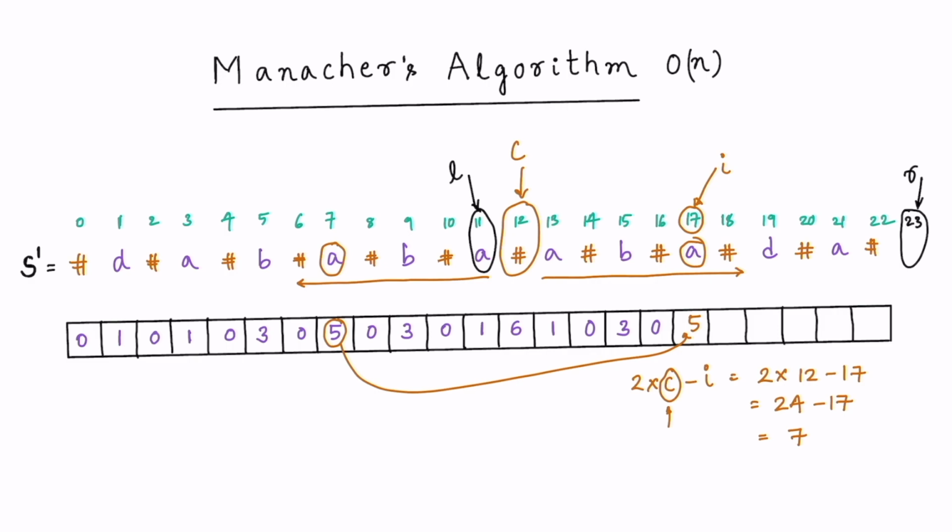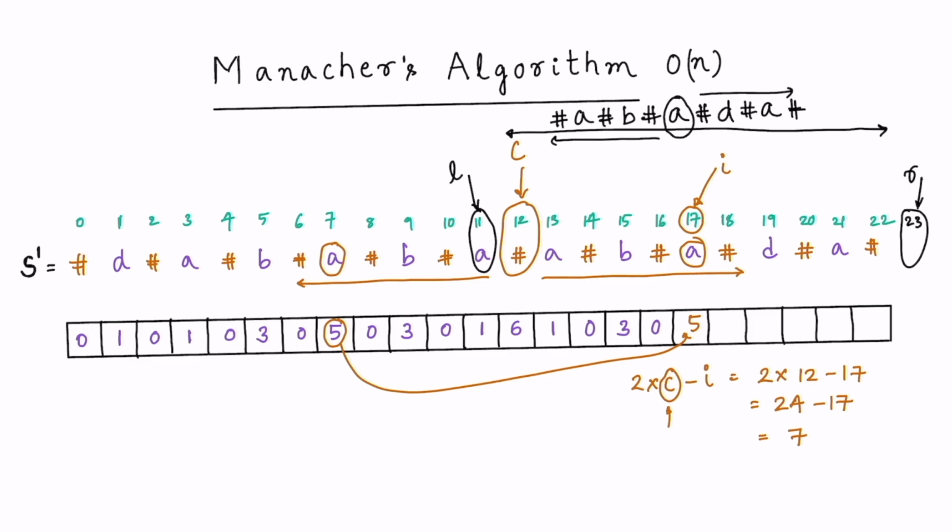But if we look at the substring between this left and the right pointer, which is this, this is not a palindrome centered around this character with 5 characters to the right and 5 characters to the left. Why did this fail?